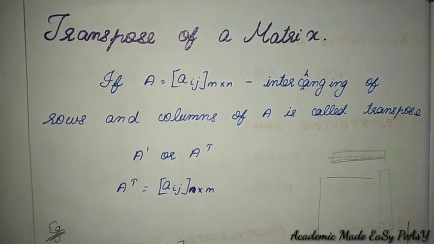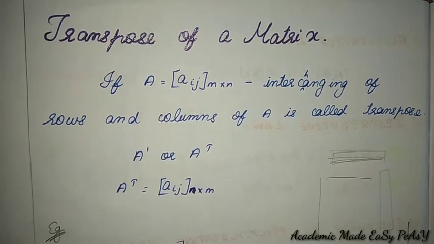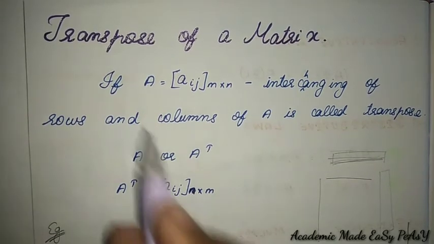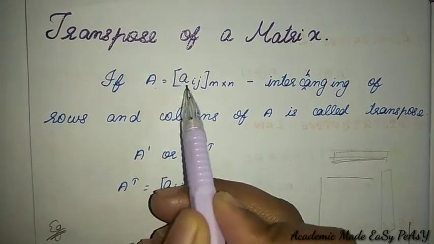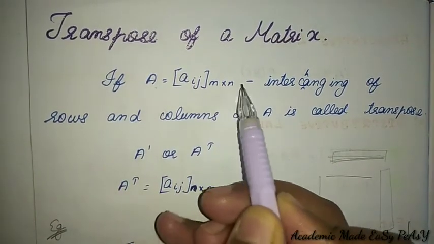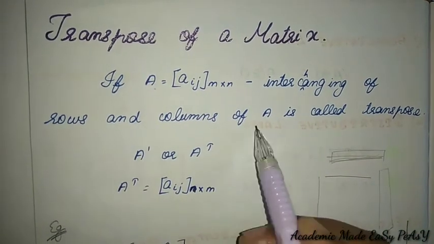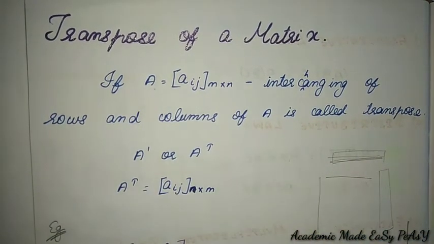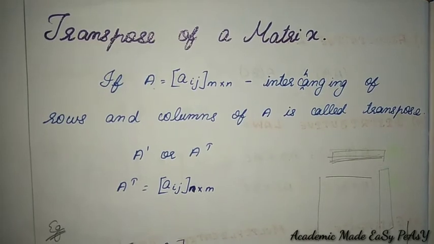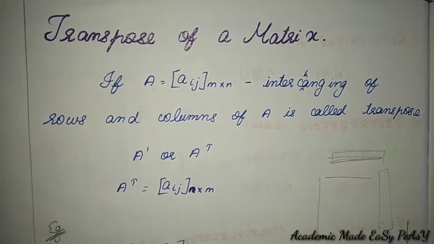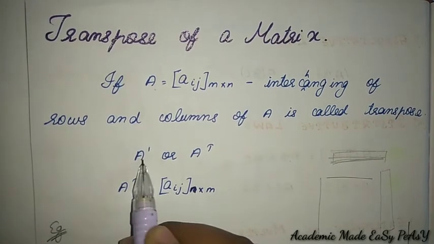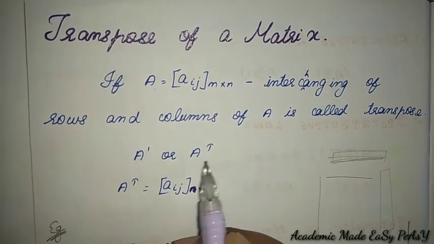So similarly, in transpose of matrix also, we will be just changing the elements. So if A is equal to Aij of m by n order, interchanging of rows and columns of A is called transpose. That is, when it is in column, we will change it to row. When it is in row, we will change it to column. It is represented by A dash or A transpose.